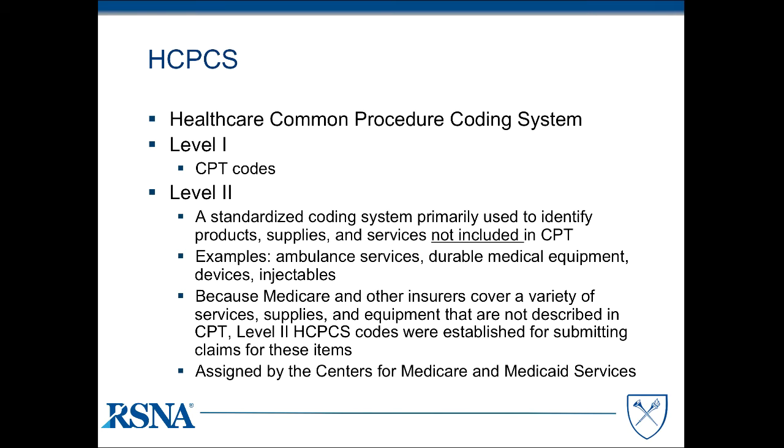Examples of these are ambulance services, durable medical equipment, devices, and injectables. Because Medicare and other insurers cover a variety of services, supplies, and equipment that are not described in CPT, Level 2 HCPCS codes were established for submitting claims for these services. These are assigned by the Centers for Medicare and Medicaid Services, not the CPT editorial panel, and that process is beyond the scope of today's module.